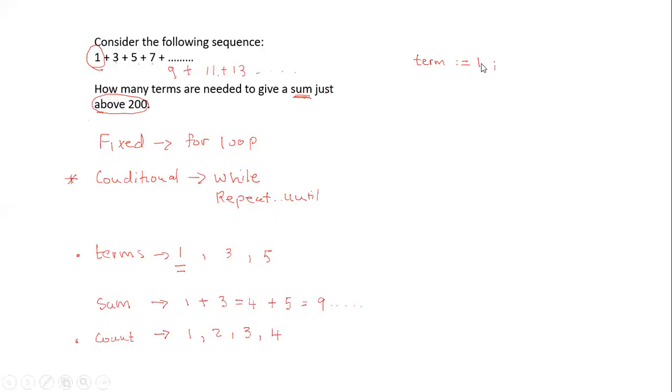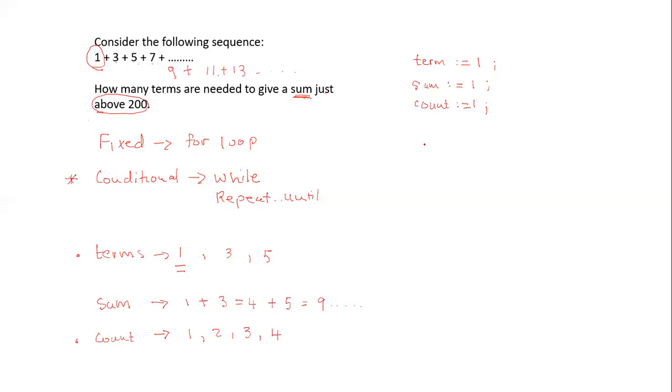If my first term is 1, and we know that the sum is less than 200, it would mean at that stage that the sum will be 1. And also, seeing that it is a term, my count will also be 1, since I've already got the first term.